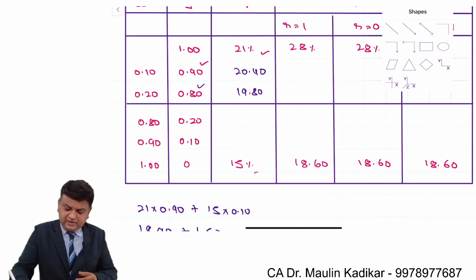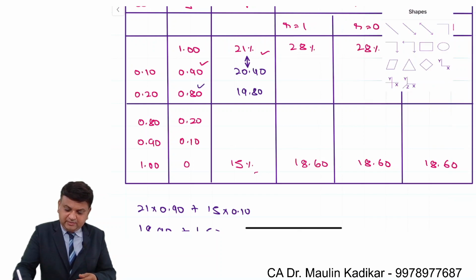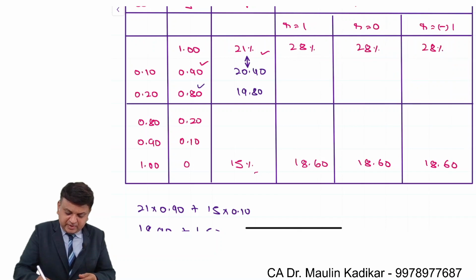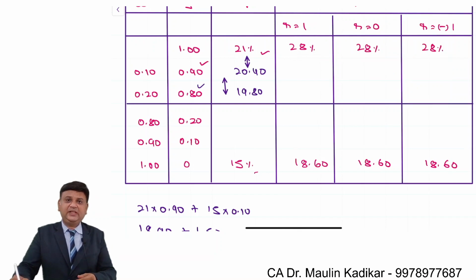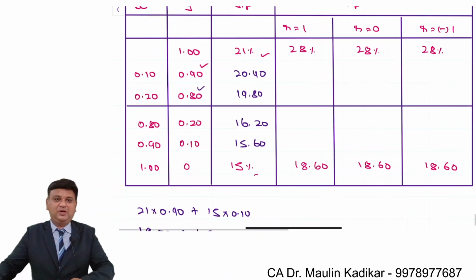You can understand very well over here that between these two there is a change by 0.6 percentage. Again, between these two there is a change by 0.6 percentage. In a way, the return will reduce by 0.6 percentage every time you change from Y to X. Why? Because the return of the portfolio is always a simple weighted average. So over here it will be 15.6, over here it will be 16.2, and so on.